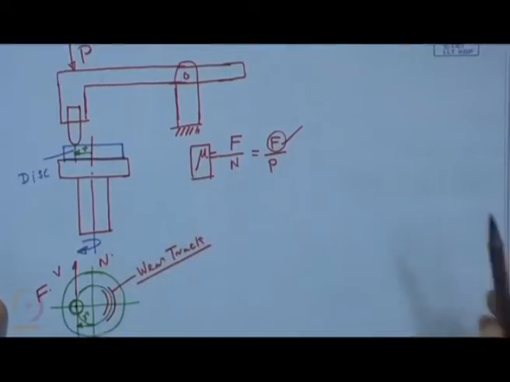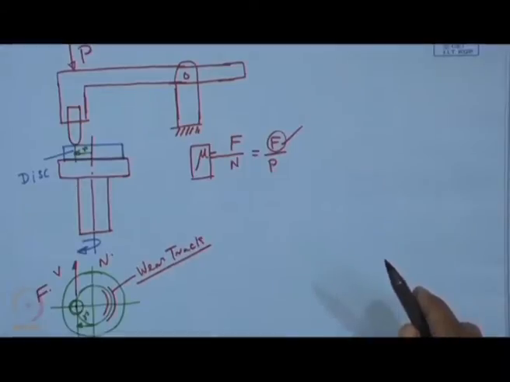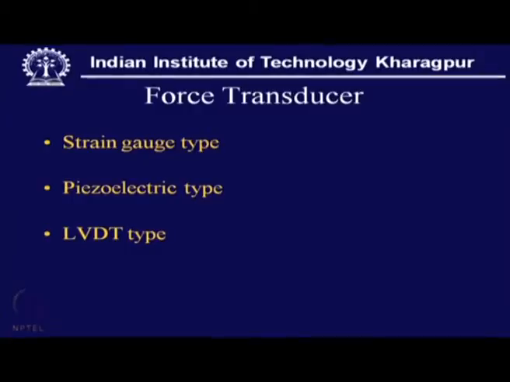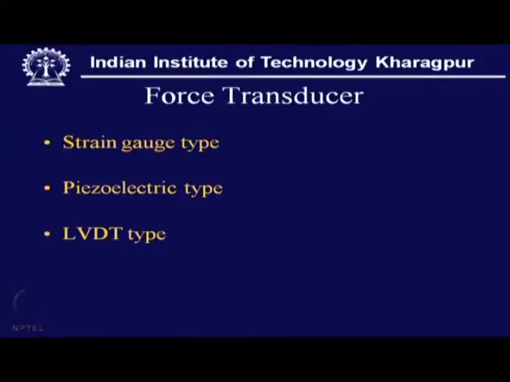Here two things we can look at: this force has to be continuously monitored, and this arm is almost like an elastic member. That means it subjects itself to some very precise, restricted deformation, and in that case we have a strain gauge type sensor, a transducer.